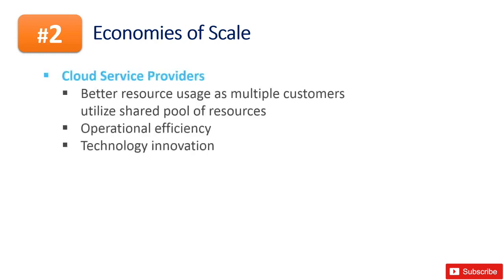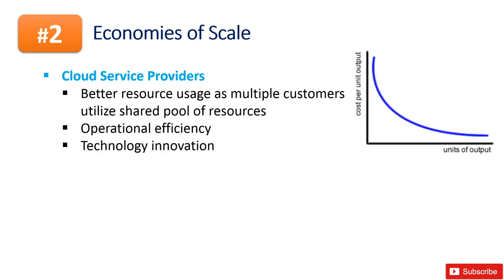Imagine that thousands of customers around the world are using a specific cloud provider. Now, this cloud service provider can better utilize physical computing, storage, and networking resources for all those customers, reduce energy consumption, and reduce maintenance overhead.